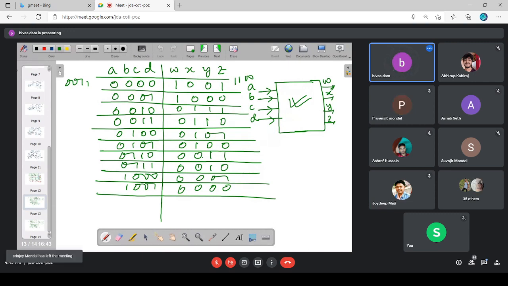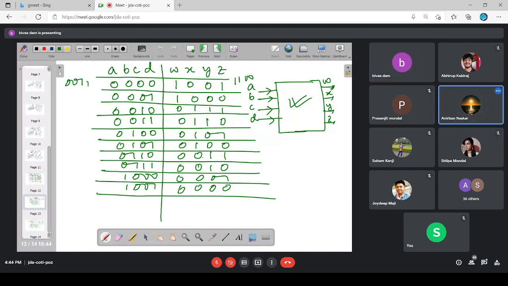Shoham Kanji. Present, sir. Shilpa Mondol. Yes, sir. Anirban Noshkar. Present, sir. Joydeep Maji. Shubhajit Mondol. Present, sir. Shubhajit Mondol. Yes, sir.